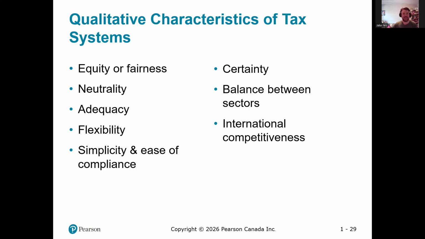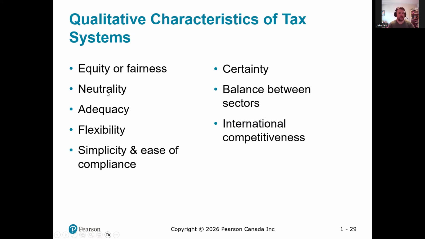And so he might have access to certain credits to recognize the greater financial obligation that he has on him. So equity is trying to match your situation to your tax rule. So people in the same situation pay the same. People in different situations will have different tax treatments to try and recognize their equitable positions.